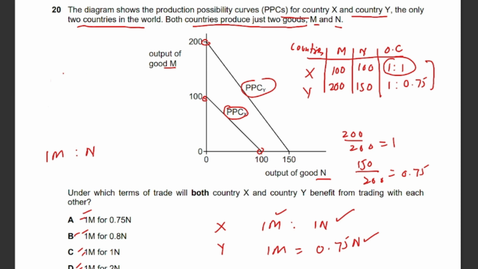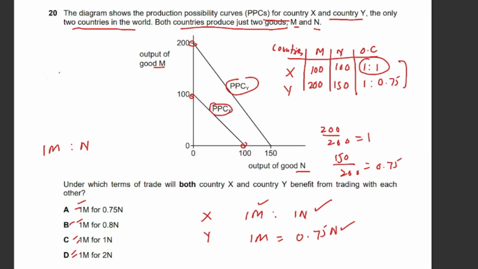So country Y will expect a greater quantity of N, above 0.75, and country X will offer less than 1 N for 1 M, right?